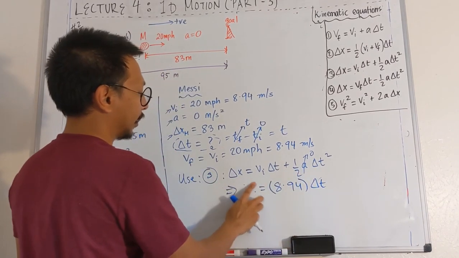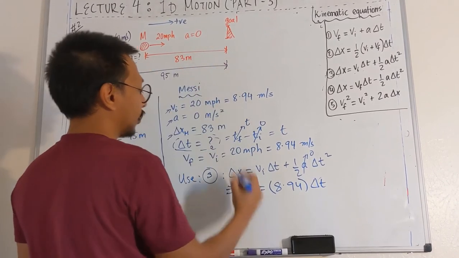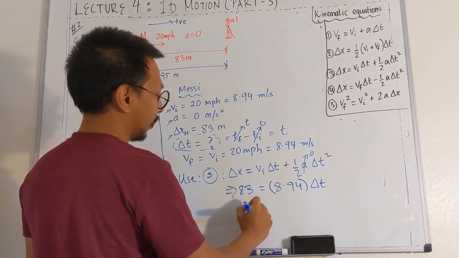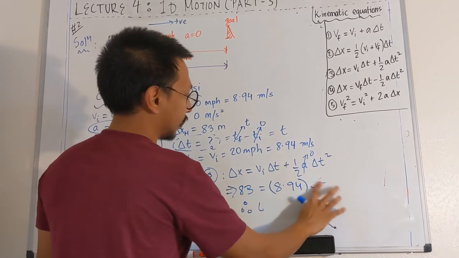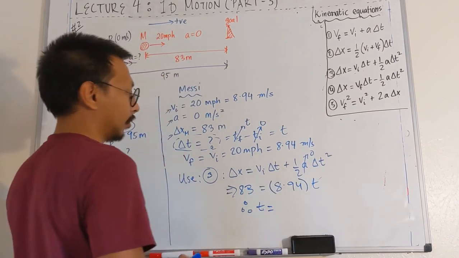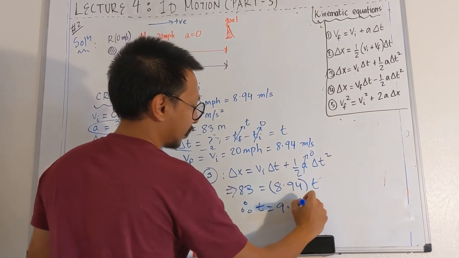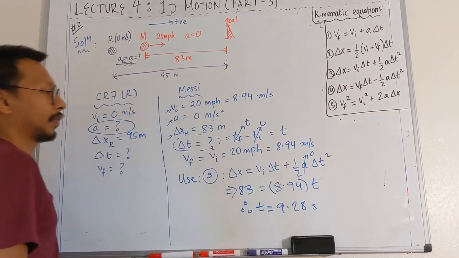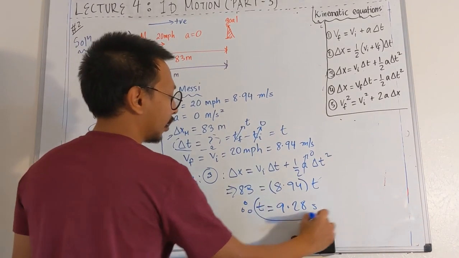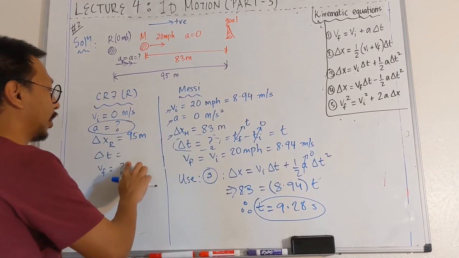Now delta x, let's say he covered the full length to the goal, 83 meters. Therefore, delta t, which I was calling t, equals 9.28 seconds. Okay, so now we are free to use this as the time for Ronaldo as well.